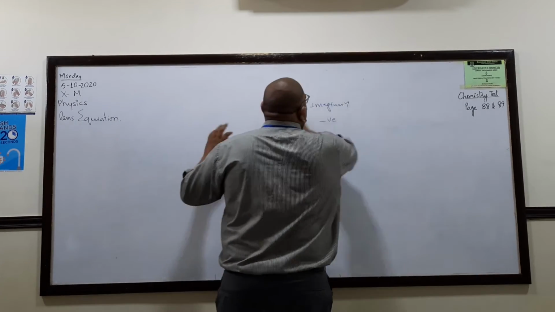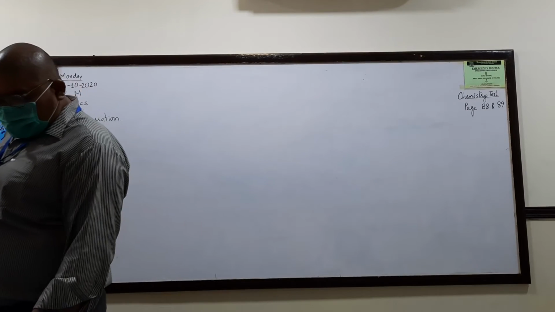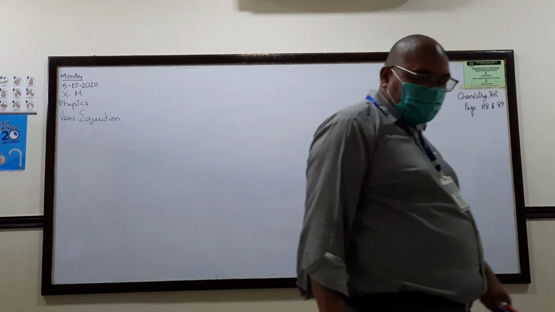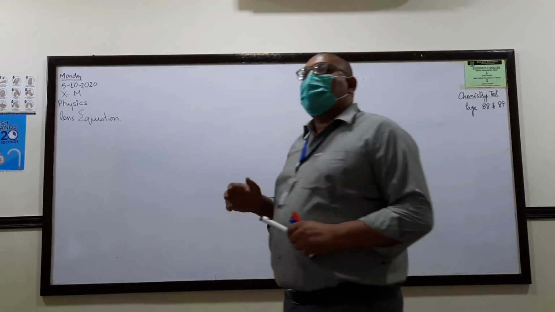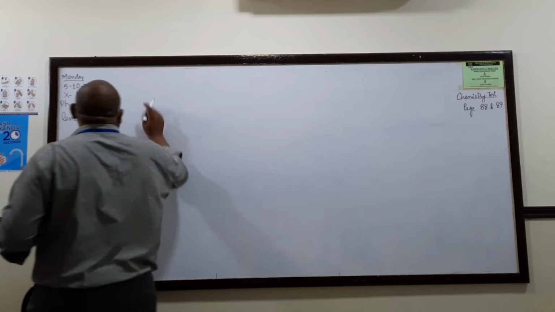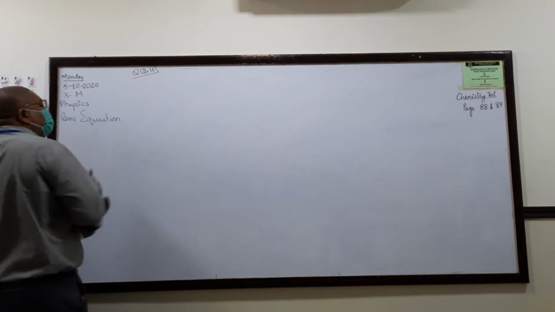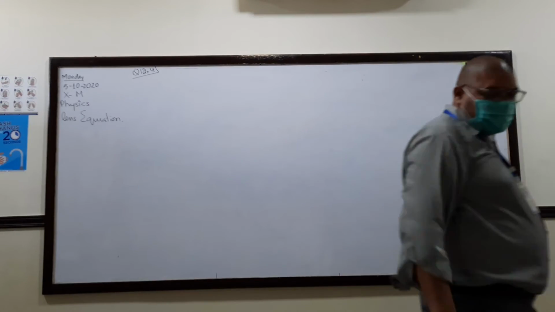We are now able to do the numericals almost. The first numerical we are attempting, which is included in our syllabus, is 12.4. 12.1, 12.2, 12.3 we have already done. So right now I am going to do the 12.4 numerical in geometrical optics and mathematical physics. Yes ma'am, please read the numerical.